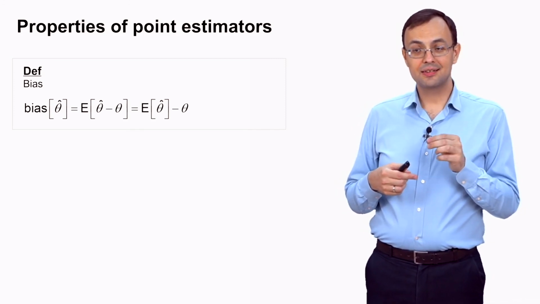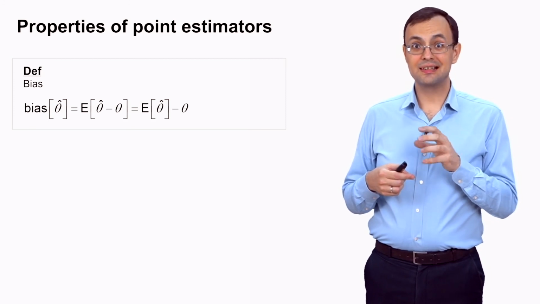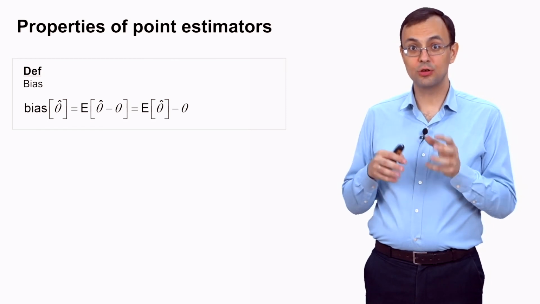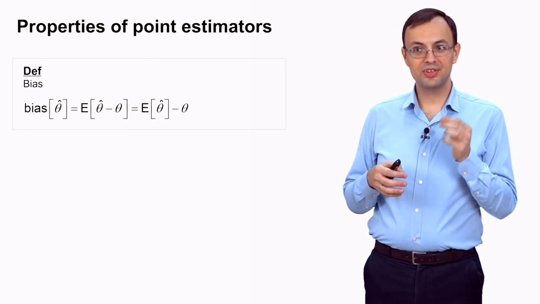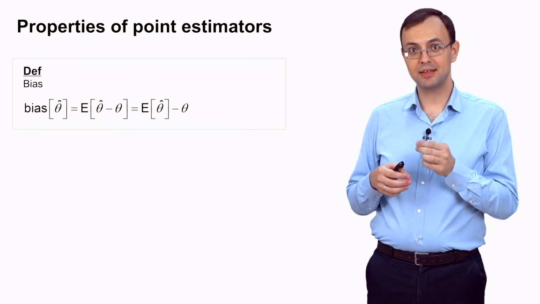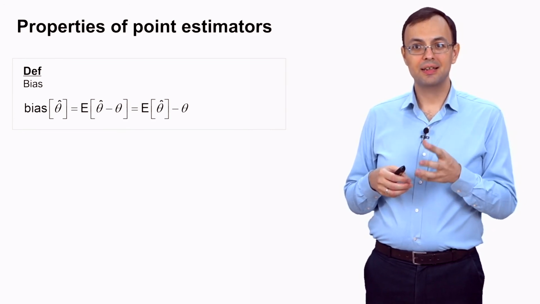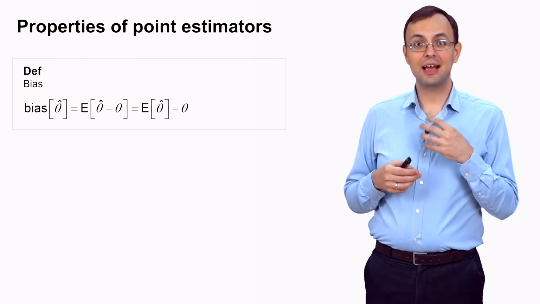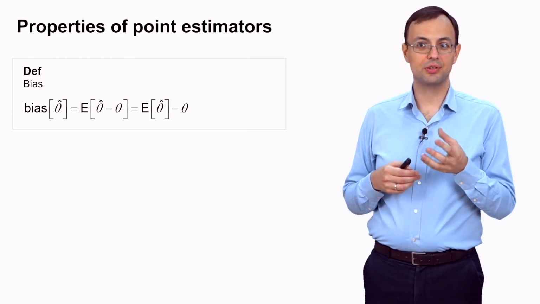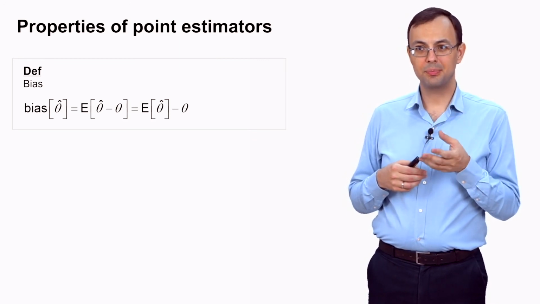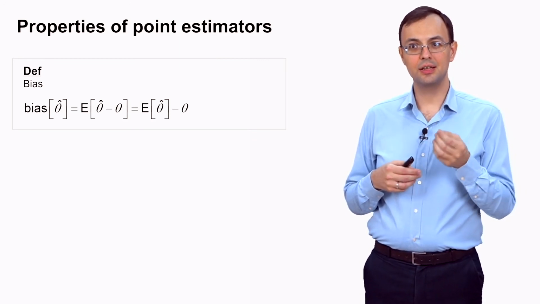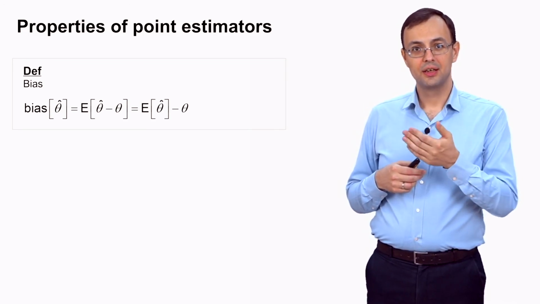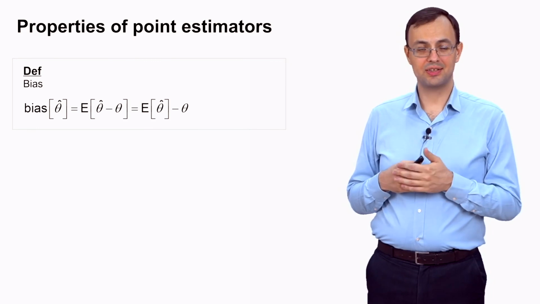As theta hat is a random variable and theta is a non-random parameter, this is equal to E of theta hat minus theta. We can say that an estimator is unbiased when the bias is equal to 0. So when the bias is 0, then E of theta hat is equal to theta, which we saw in the definition of an unbiased estimator.